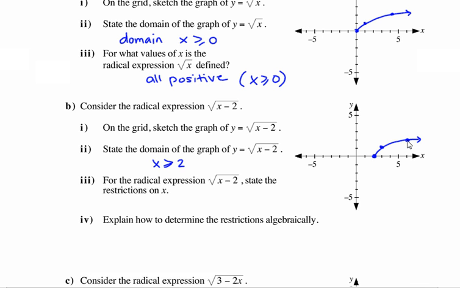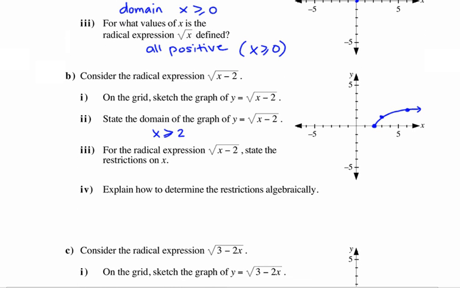It says for the radical expression, state the restrictions on x. Because this is a square root, we can't take the square root of a negative number. It's just not possible. So the inside always has to be positive. We know that x minus 2 has to be greater than or equal to 0.